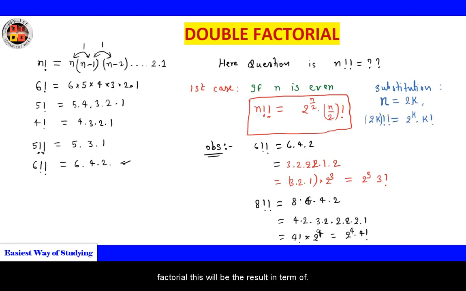This is the result in terms of k after substituting the value. So this is the first case.